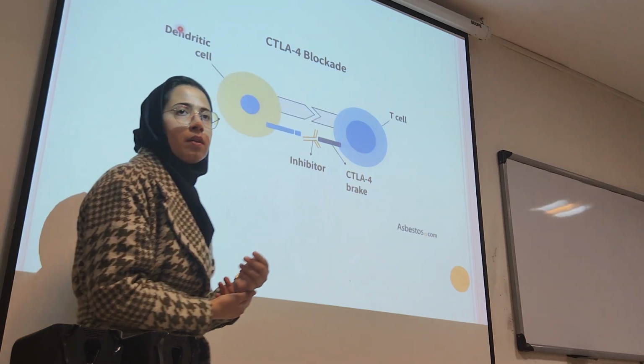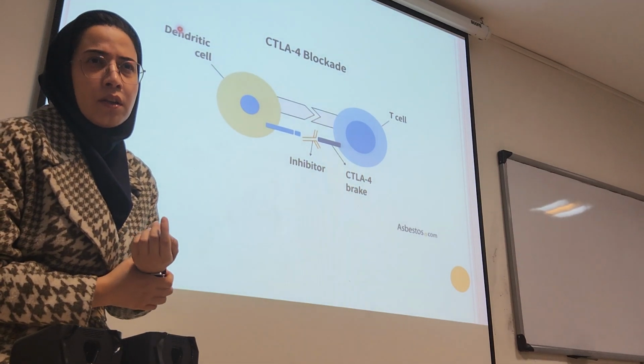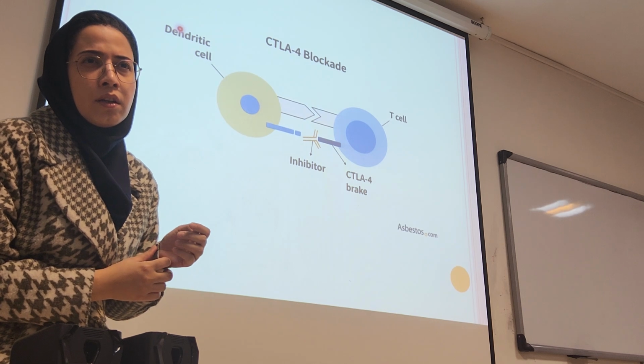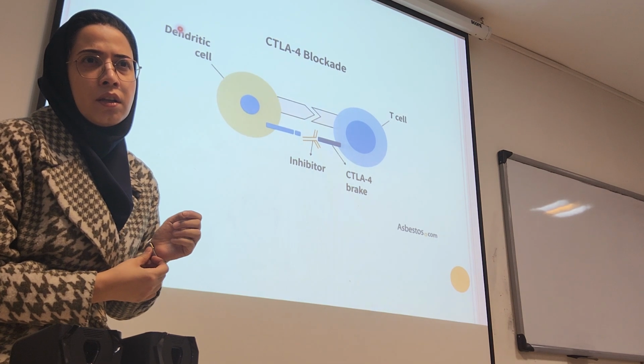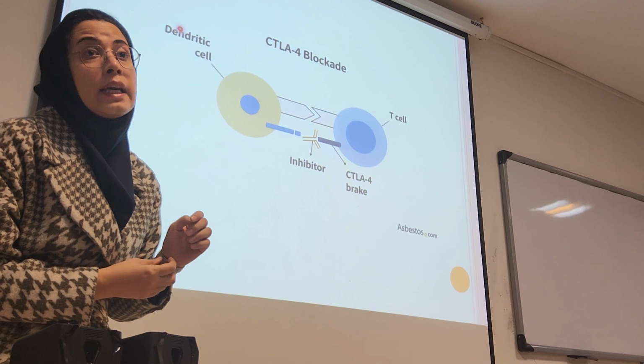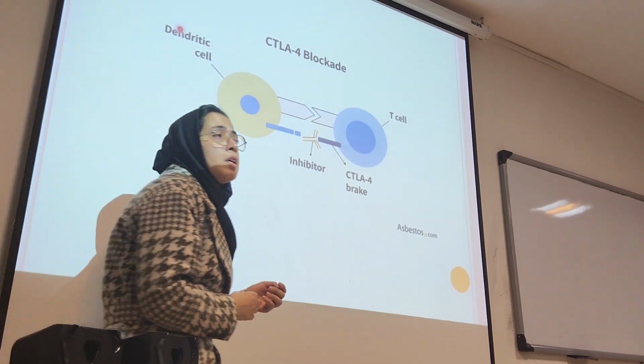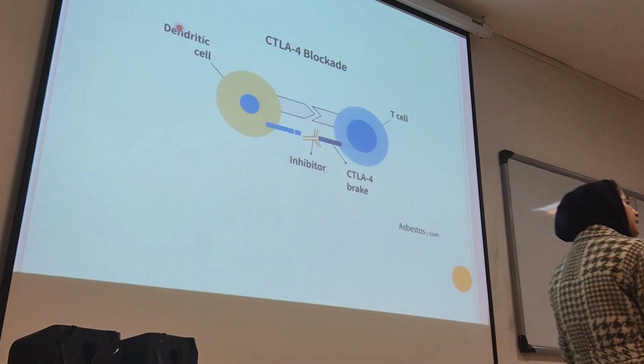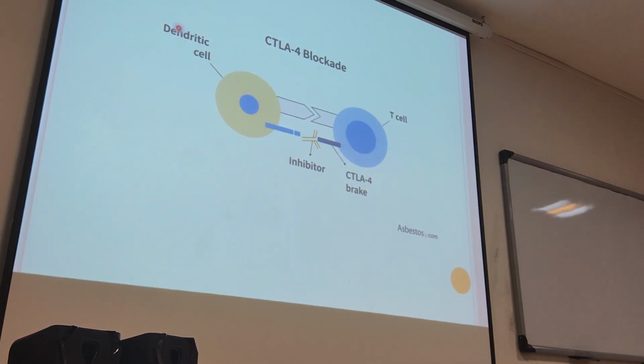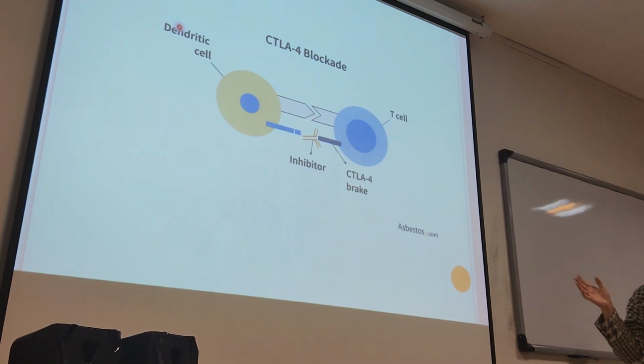You are saying that if CTLA4 is inhibited, the overreactivity of T cells causes an autoimmune reaction against the tumor? Yes, exactly, that is a good point. It is good for the patient because it causes an immune response against the tumor, but at the same time the patient may get autoimmune diseases. That is a bad thing about these types of medication.